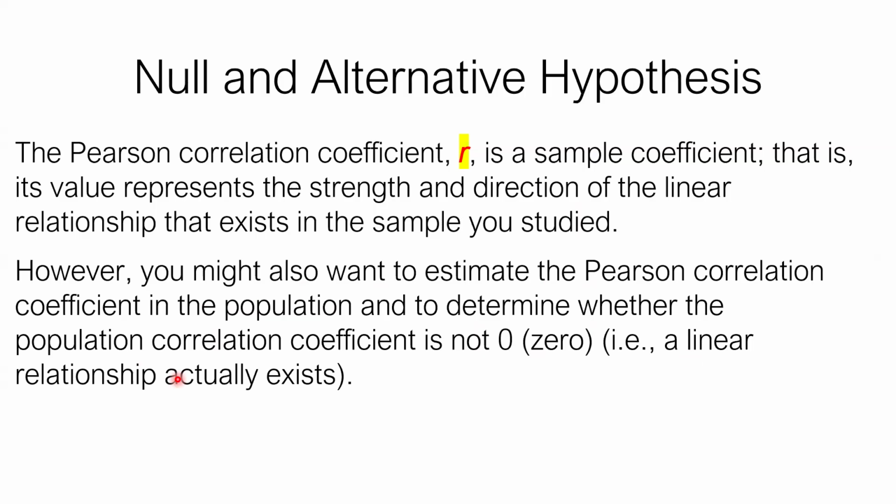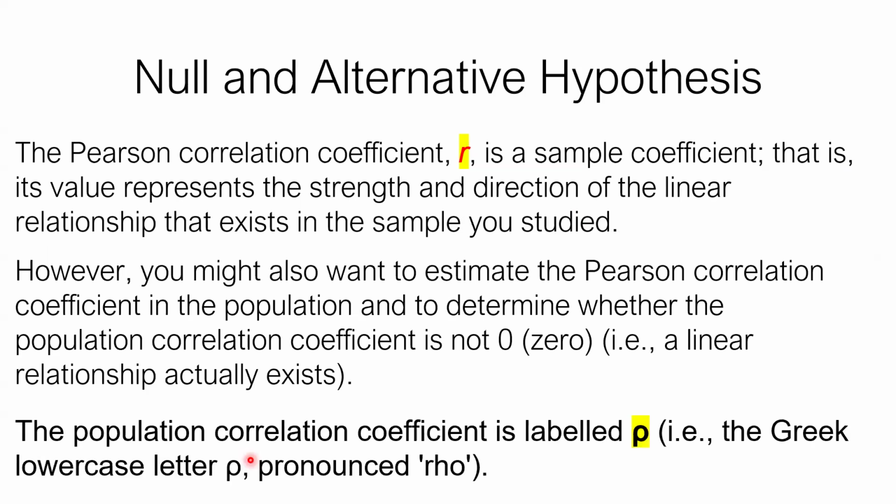Now, how do we denote the correlation coefficient if the data is taken from the population? The population correlation coefficient will be labeled using the Greek lowercase letter rho. But if it is sample data, then we use the Pearson correlation coefficient, which will be denoted by R.